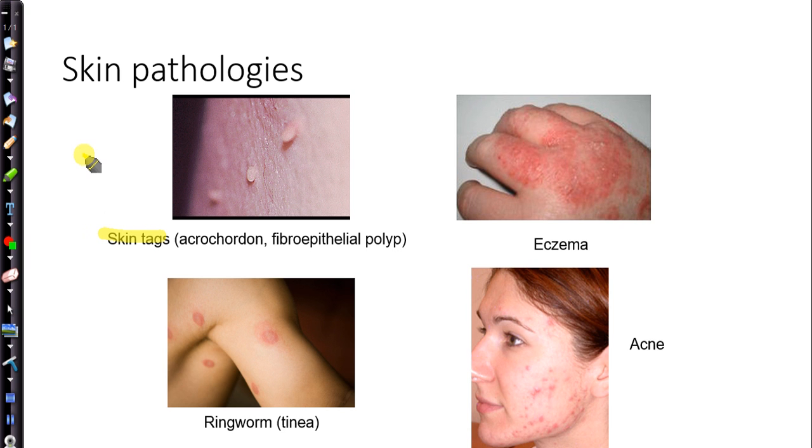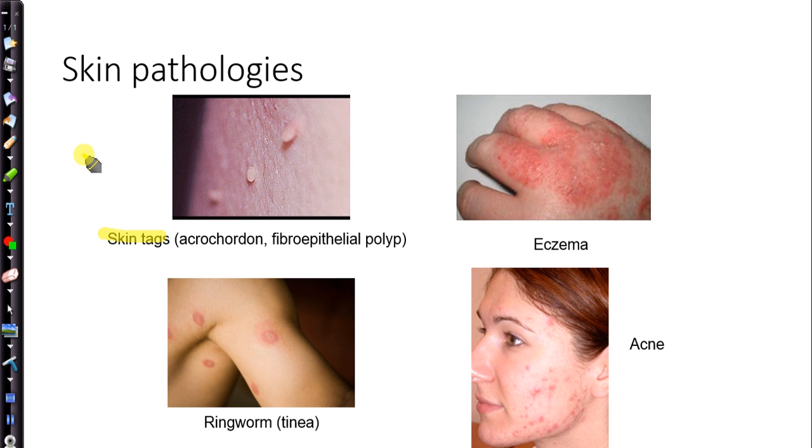And you see the term there, acrocordon, or fibroepithelial polyp. This all refers to the same thing. These are not warts. Okay? These are benign growths. They're going to be extra growths associated with extra rubbing of the skin in that location. Usually you see these where people have skin rubbing on skin.